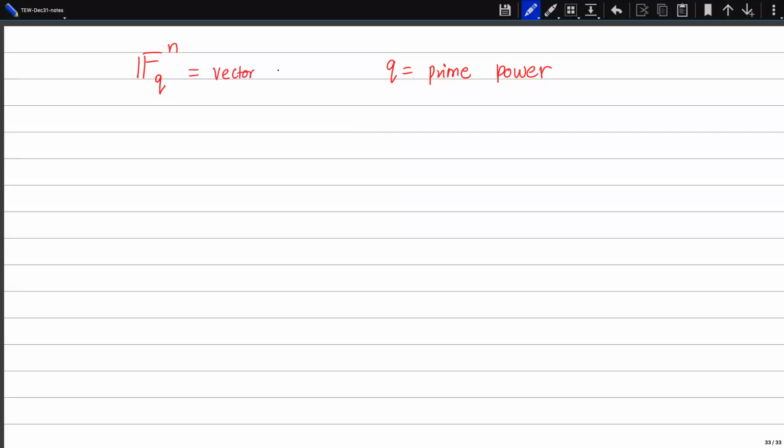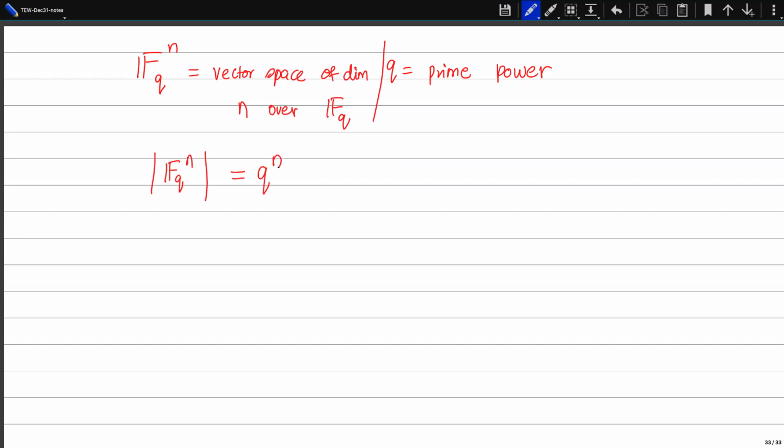So this is a vector space of dimension n over the field F q. Okay, take an n-dimensional vector space and observe that this is a finite set. Okay, the interesting thing is that F q power n is just a finite set with q power n elements.